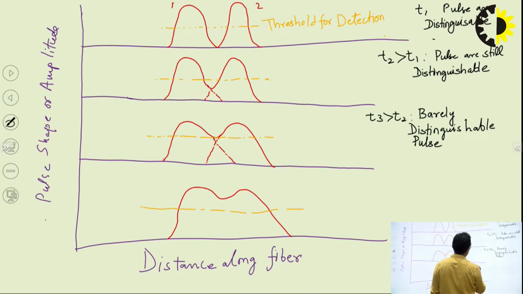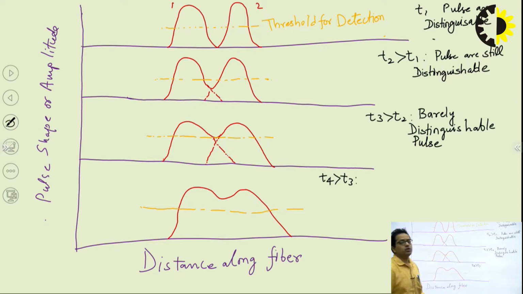We are considering another time, t4, which is greater than t3. At this point, it is not possible to distinguish these two pulses clearly.